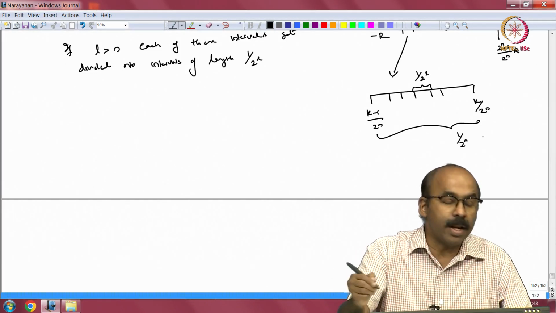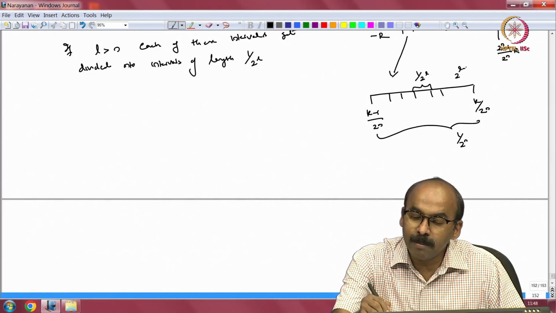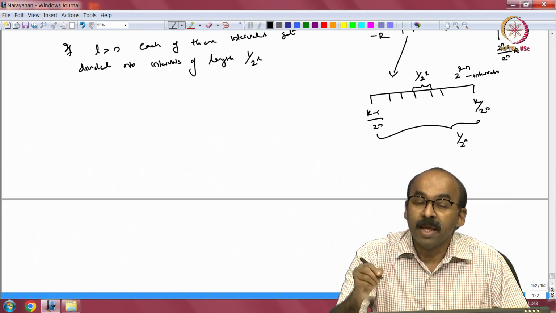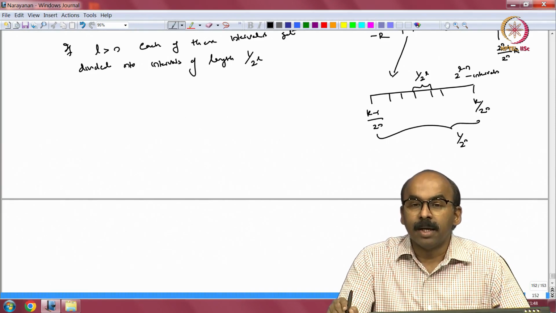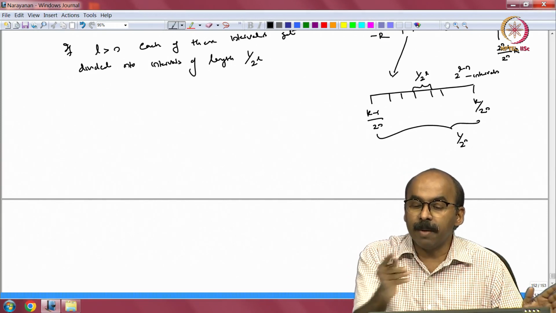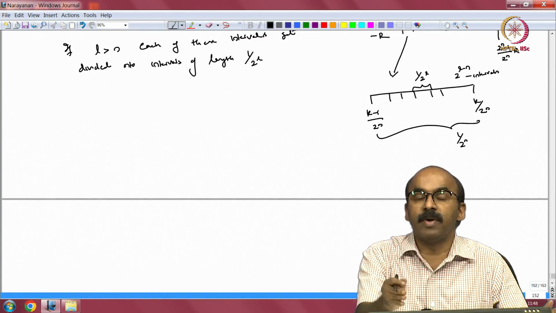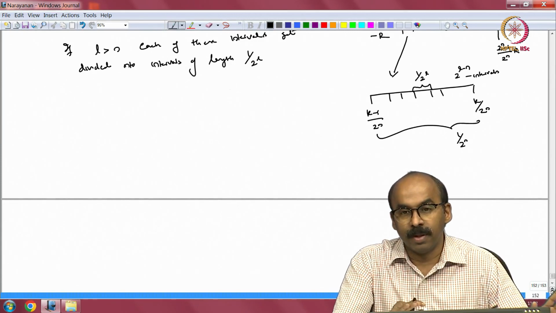So, how many intervals will there be? There would be 2 to the L minus n intervals here. If L is n plus 1, that is the next step, then I have 2 intervals, because I just divide k minus 1 by 2 to the n to k by 2 to the n into equal halves.